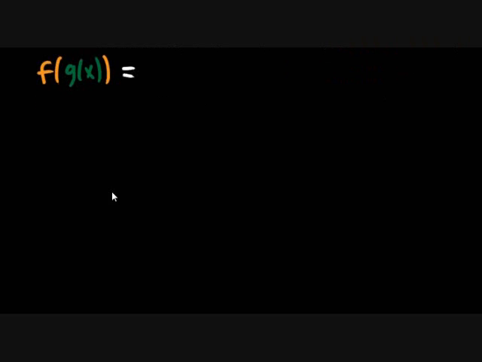G of x is going to go inside of our function f, and g of x is equal to the square root of x. So we have f of the square root of x. So just plugging that in for our variable, we have 1 over the quantity square root of x minus 2. And if we look at this, let's try to figure out where our x values can be.